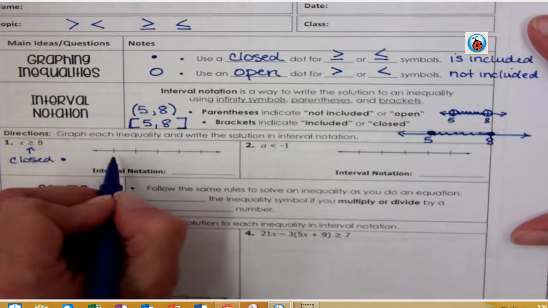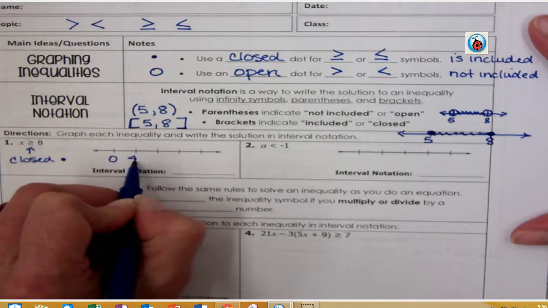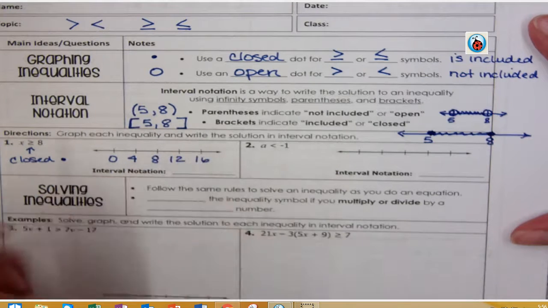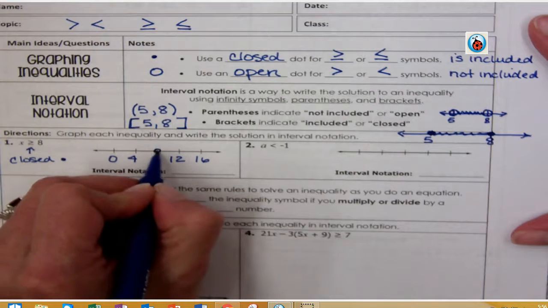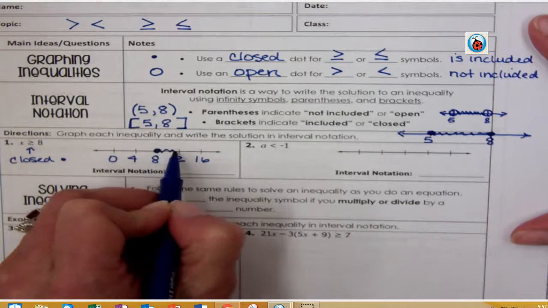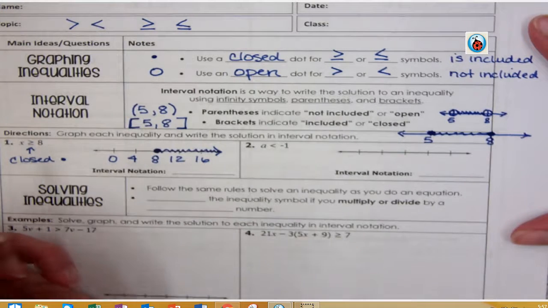If this was 0, this was 4, 8, 12, 16, we would put a closed dot on 8, and x has to be any number that is bigger than 8. So that's going to be all the numbers over here and on.